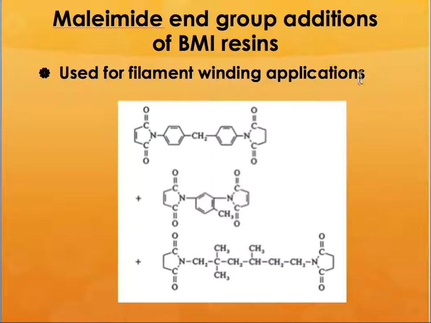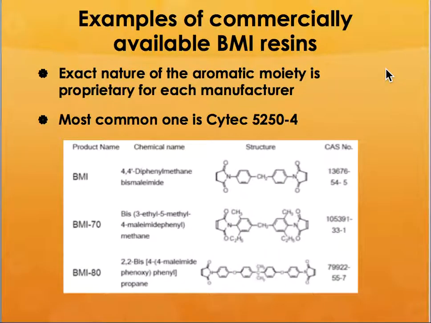You could also use them in pre-preg form, where they have already been included into the fabric or the fiber, and it is much easier to use them. These are some of the standard ones, and this one shows you some of the commercially available BMI resins.